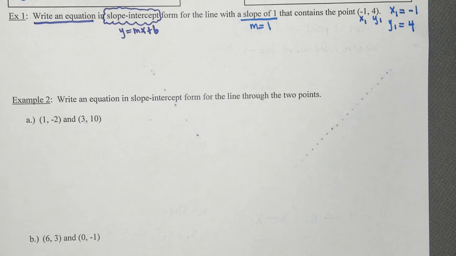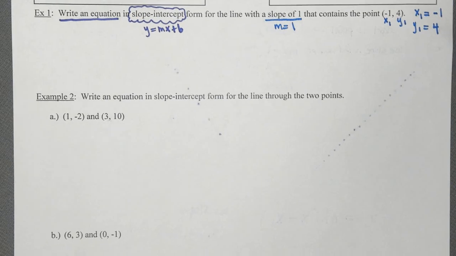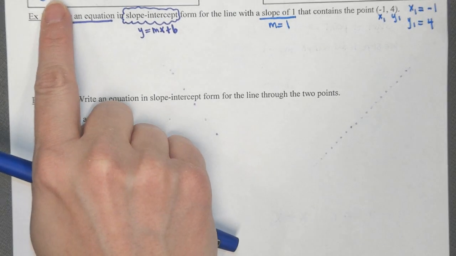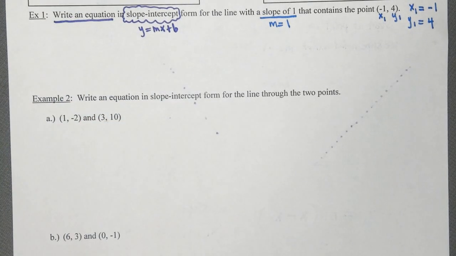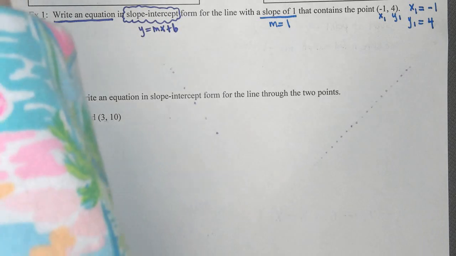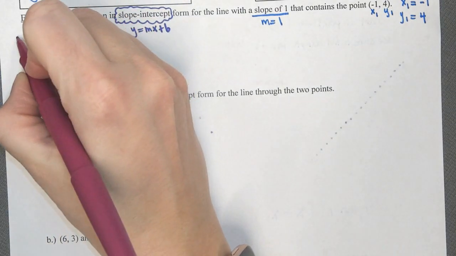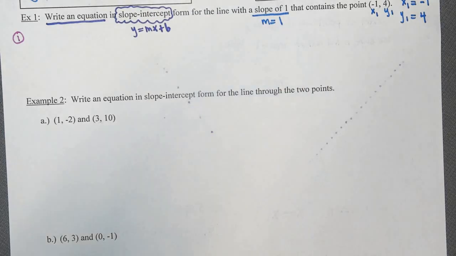All right, so this is the one where you have 3 steps. The first step is going to be to write it in point slope form. Then you distribute. Then you solve for y. Okay, so we're just going to write the 3 steps on this side, and then we're going to do them. I want you to write these 3 steps down.